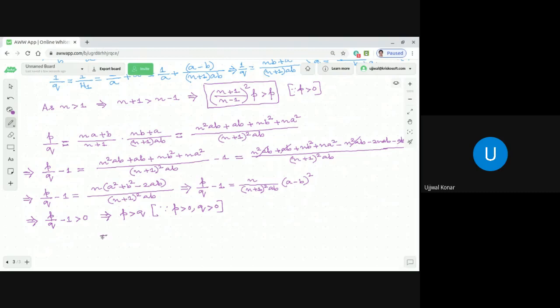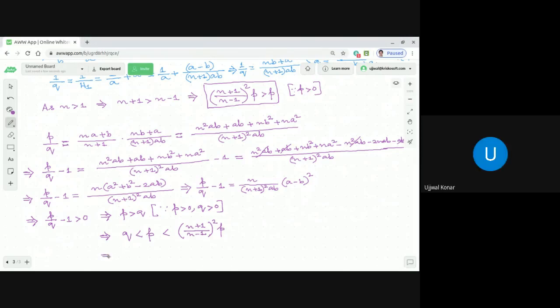So from here, q is less than p, and already we have achieved that p is less than (n plus 1) by (n minus 1) whole square into p, correct or not? That establishes the statement given in the question, that q cannot lie between p and (n plus 1) by (n minus 1) whole square into p, correct or not?